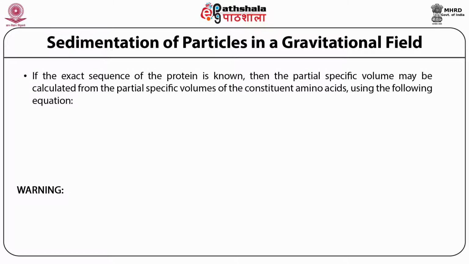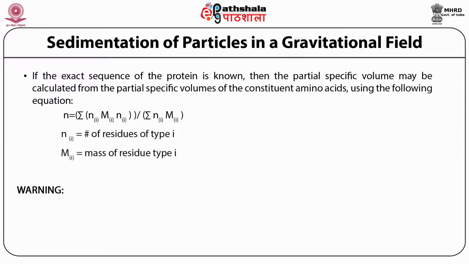If you know the constituent amino acids, it is given by the equation V equals sum of Ni Mi Vi divided by sum of Ni Mi, where N is the number of residues of i type, M is the mass of the i type residue, and V is the partial specific volume of the i type residue. So, these parameters can be used to calculate the partial specific volume of a protein molecule or any substance.